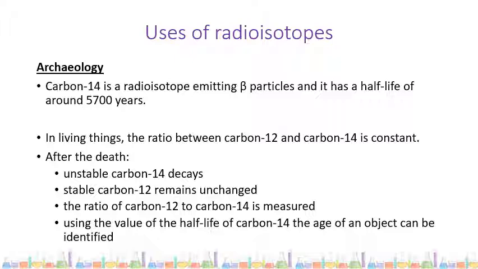However, after death, the unstable carbon-14 isotopes will decay, while the stable carbon-12 isotopes remain unchanged. They won't decay. Measuring the ratio of the carbon-12 to carbon-14 isotopes and using the value of the half-life of carbon-14 can be used to age the object.